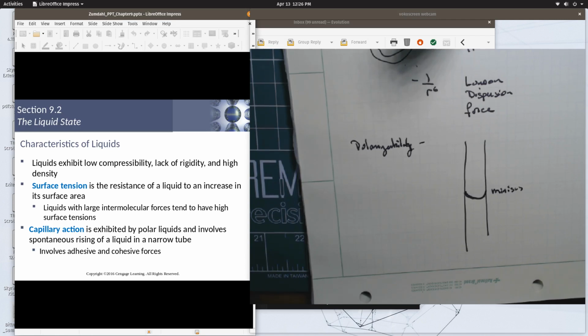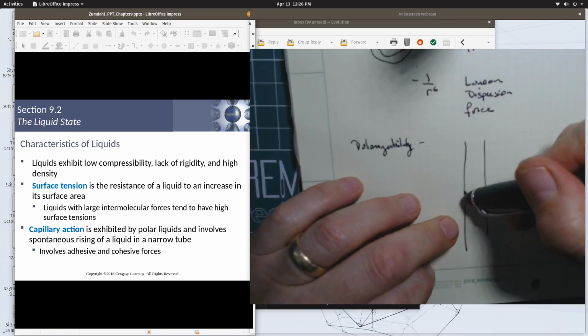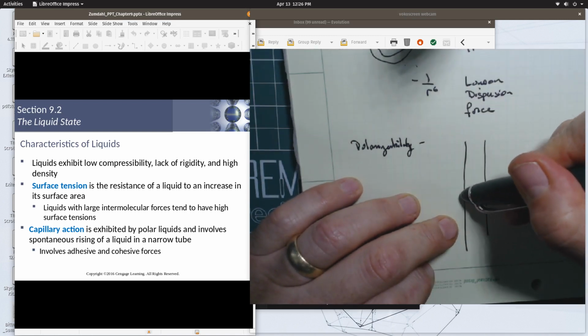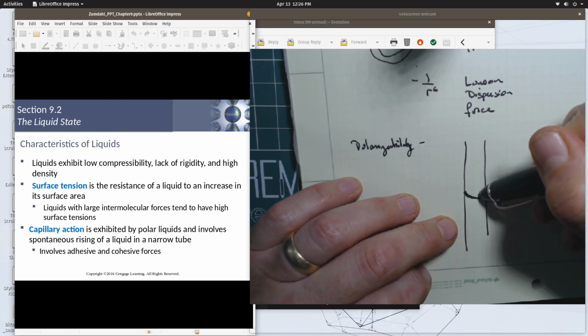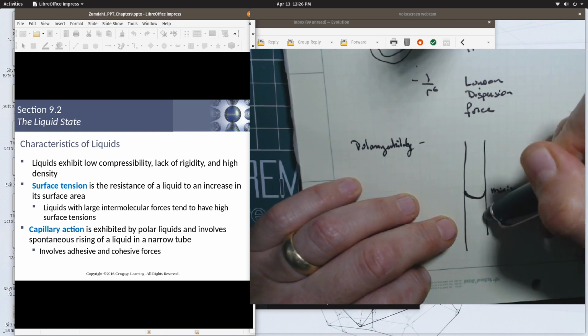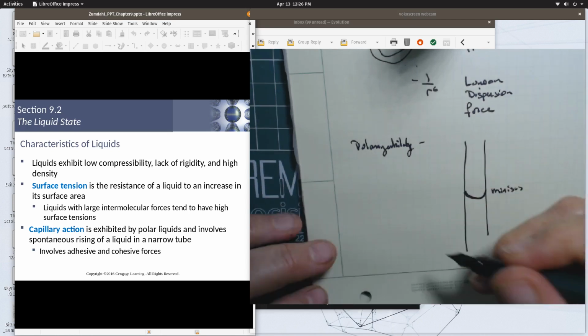There's a cohesive force that causes the ethanol molecules to attract each other. So the liquid that's inside of this is very attracted to each other and wets the side of the tube. You can also have a negative meniscus.